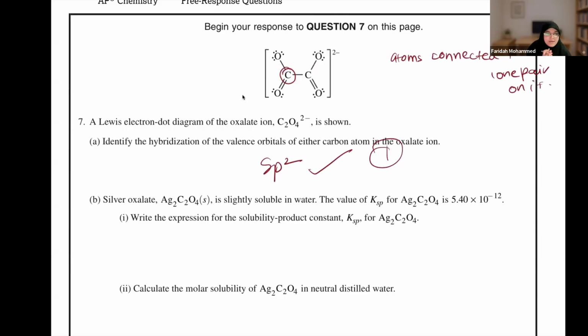Write the expression. Okay, what did I say, guys? Whenever there is KSP, you take the solid, the salt, and split it up into its ions. Always, even though they did not ask you to do so, just do it. It's for your own sake.